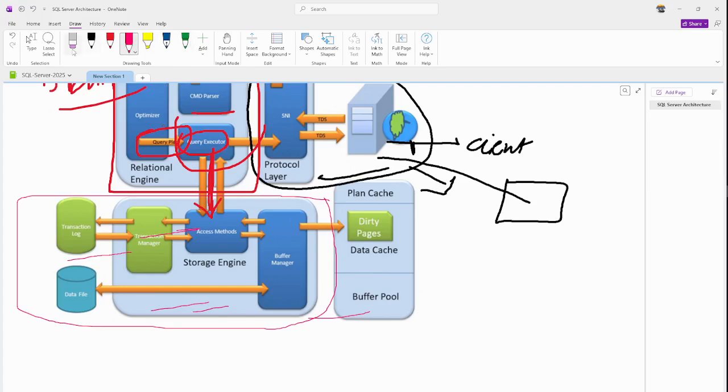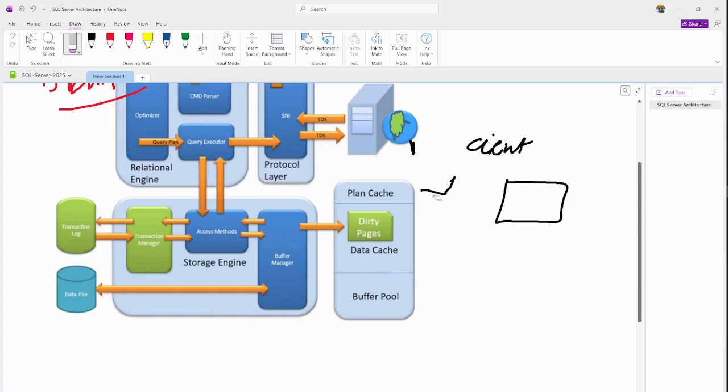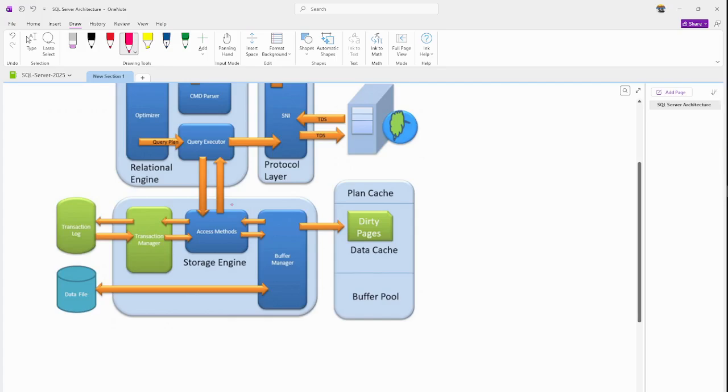Let me erase this. So here you will have the query executor. Between query executor and then your transaction logs and the data. So this is how it will be executing.